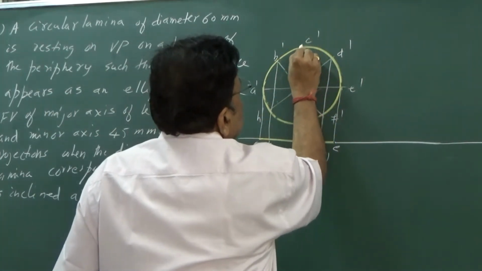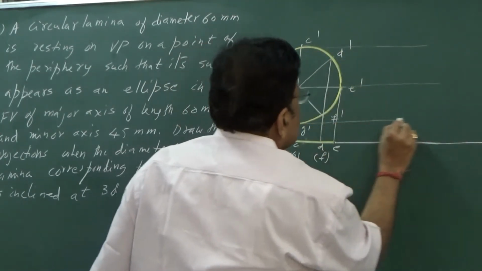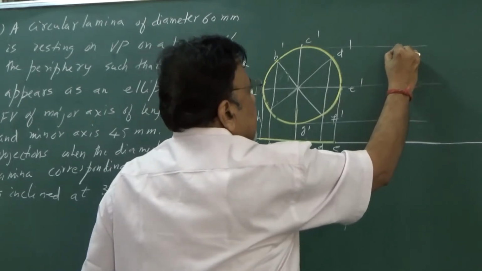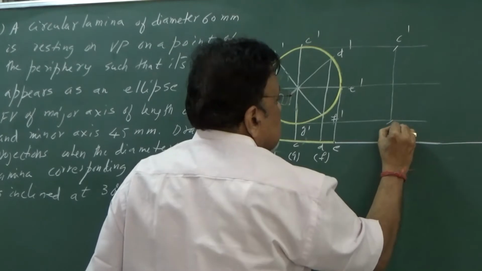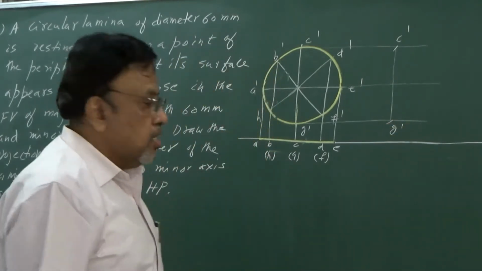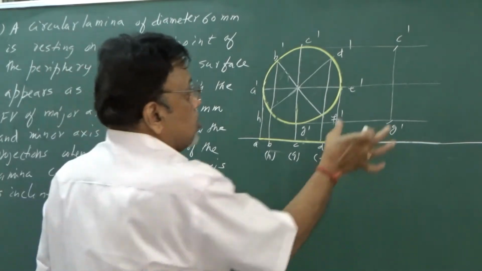So what do I do then? I will simply draw these major projectors. Let us say this corresponds to C dash and G dash. Now I know that I want a minor axis of 45 here.